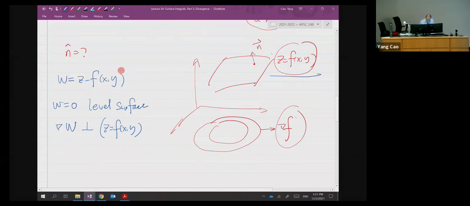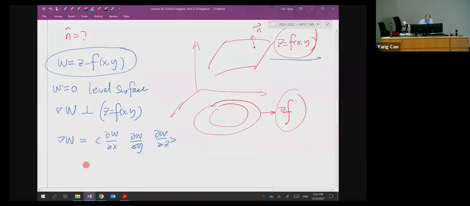Then what is del w? This is your del w here. If you calculate partial w partial x, partial w partial y, partial w partial z, you get exactly negative fx, negative fy, 1. This is the gradient to the level surface, to this surface here.